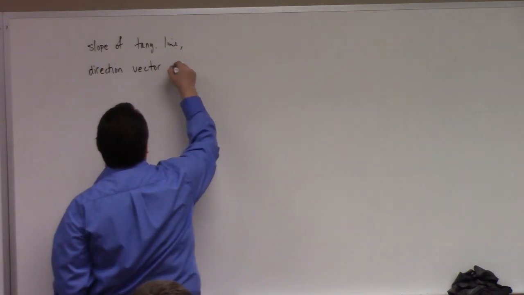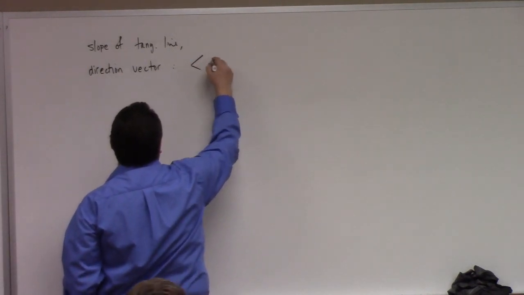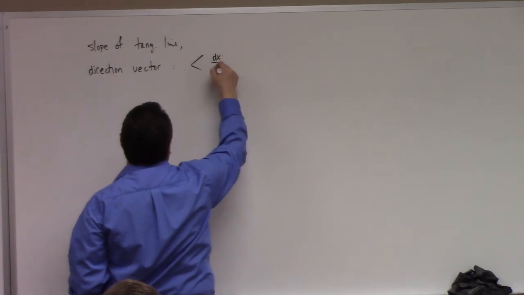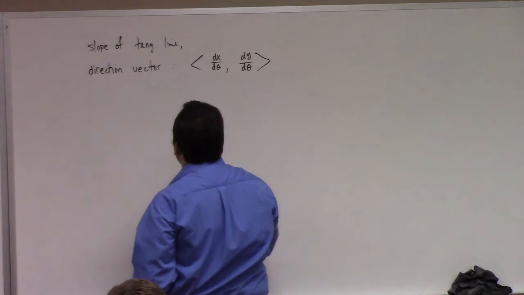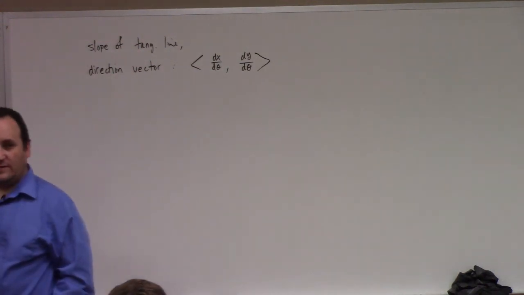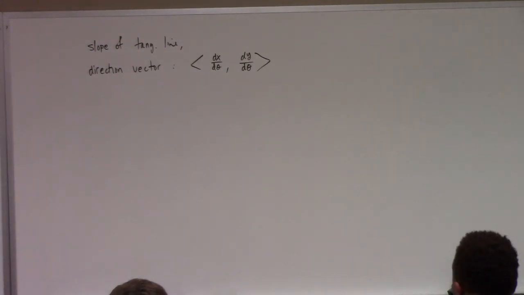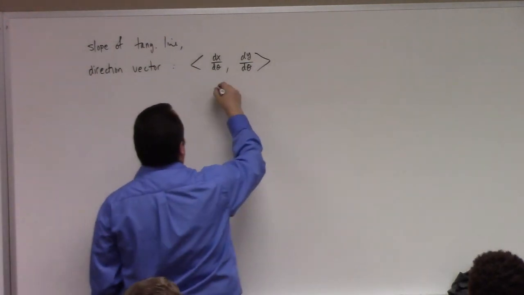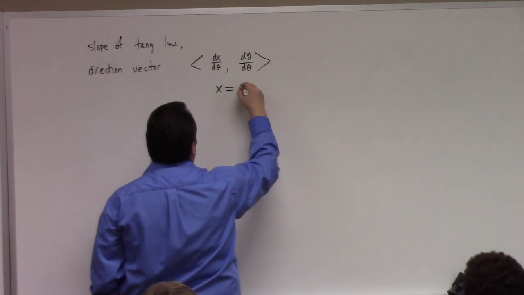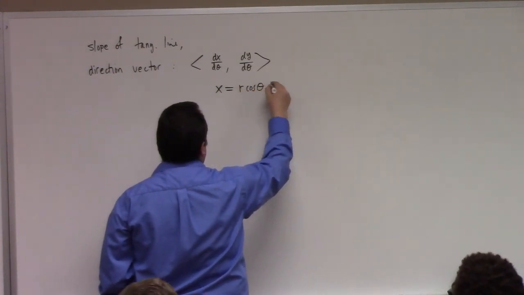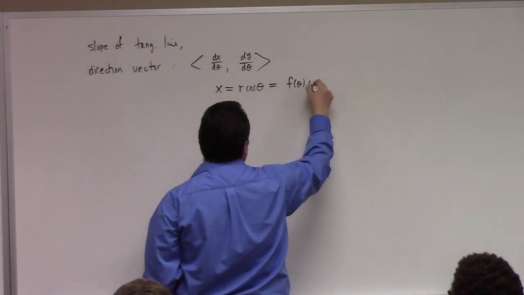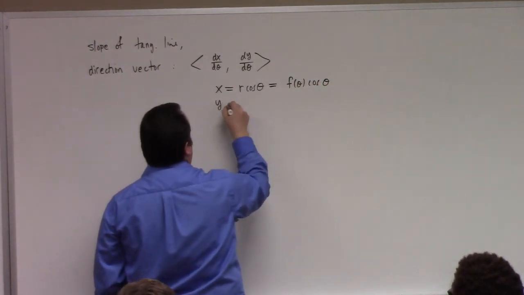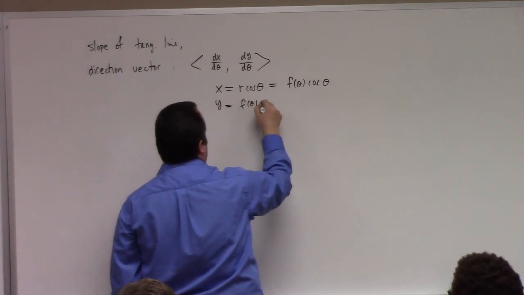So what we do is we do dx d theta, dy d theta, right? That gives me a vector which points in the direction in which the graph is going. Now, specifically, what is x here? X is equal to r cosine theta, but in this case, that r is actually f of theta cosine theta. And y is equal to, by the same token, f of theta sine theta, right?